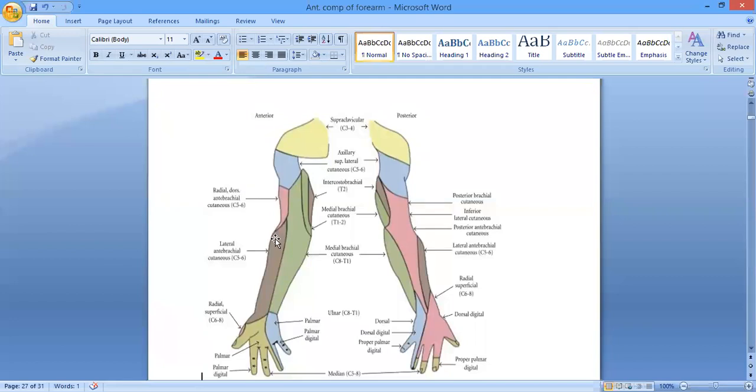The musculocutaneous nerve continues in the forearm as the lateral cutaneous nerve of the forearm. The musculocutaneous nerve is a branch of what? Of the lateral cord of the brachial plexus, right?